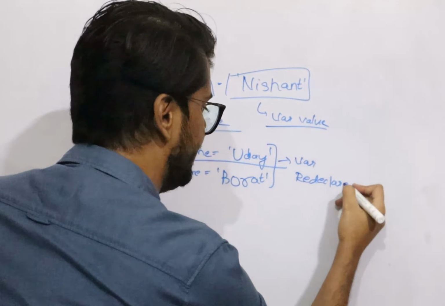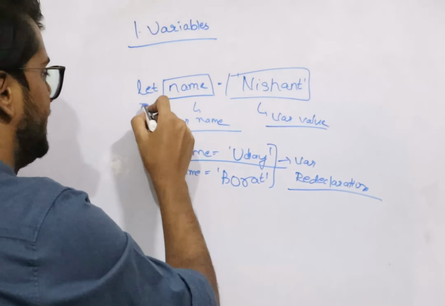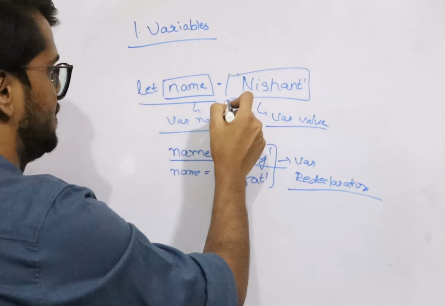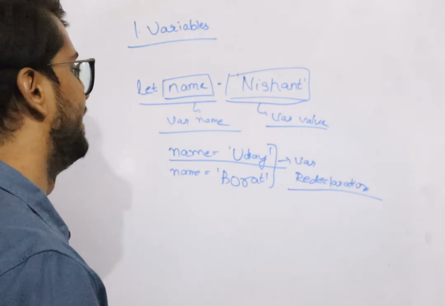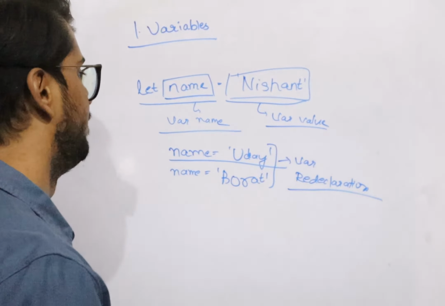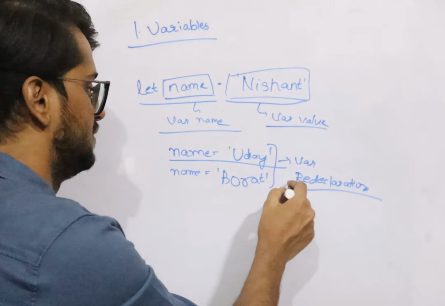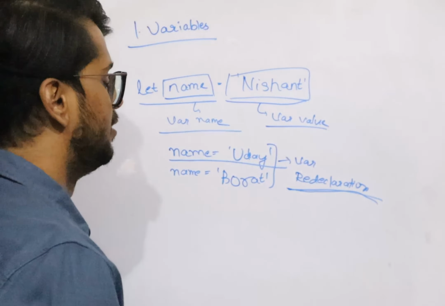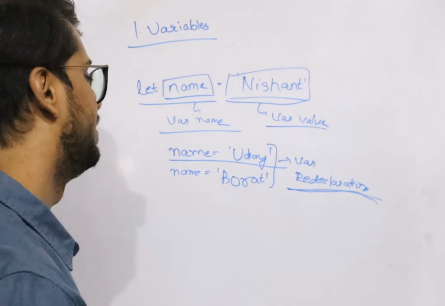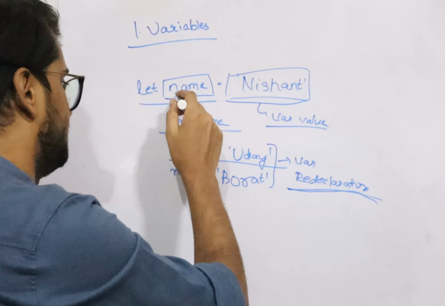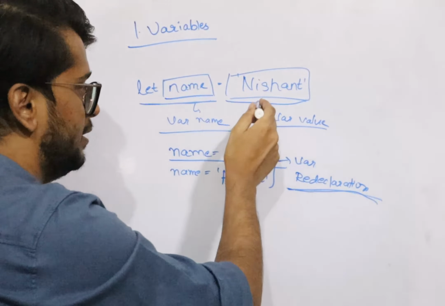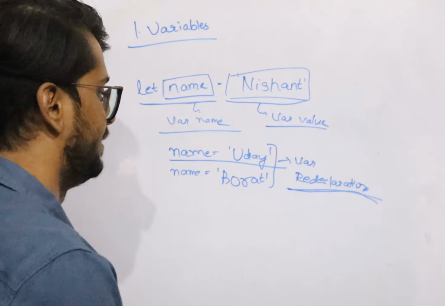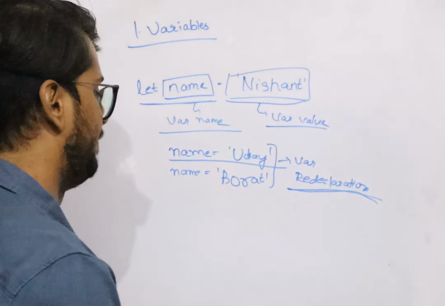This is the variable creation phase, this is the declaration phase where we are declaring some value for the variable, and this is the redeclaration phase where we are redeclaring the value of the variable. Creation means creating it, declaration means assigning it some value, and redeclaration means reassigning it some value like Uday or Borat.